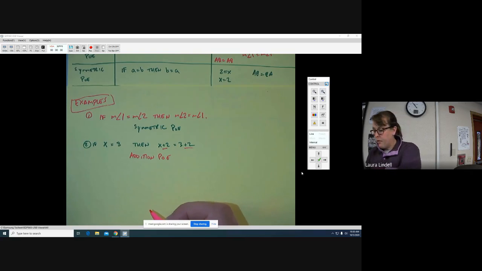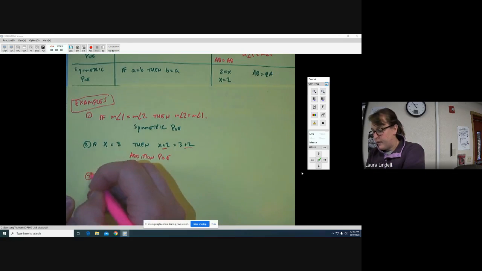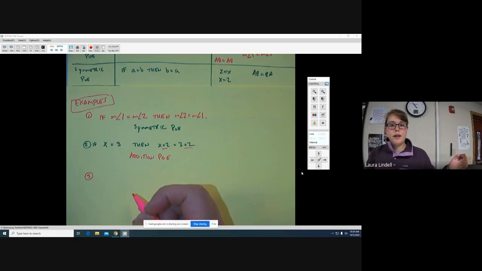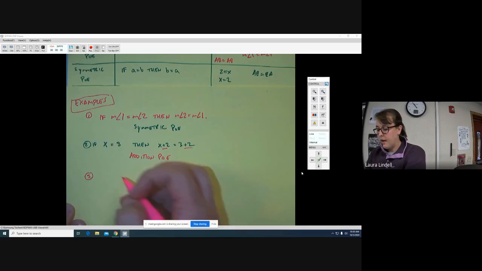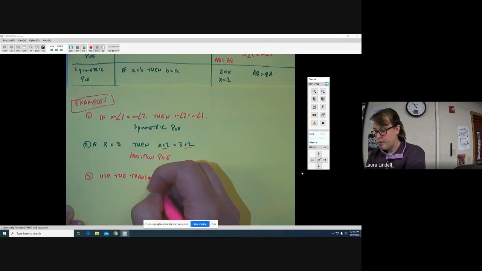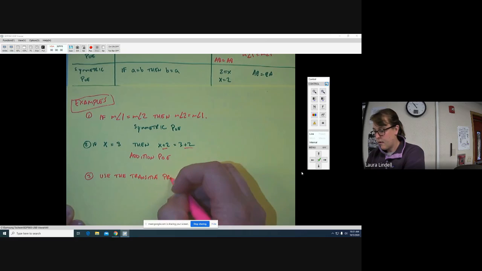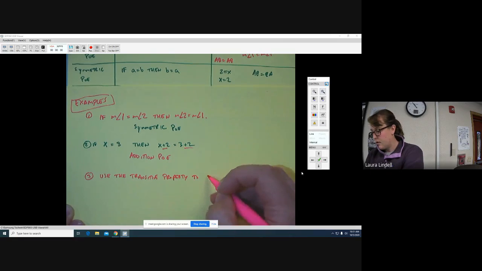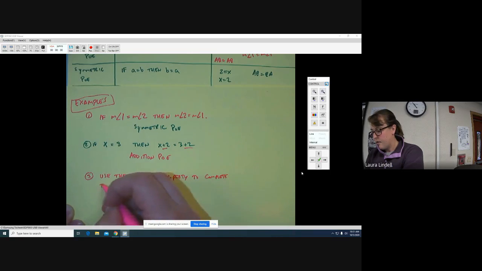Another type of example of a problem that we could see is they'll start a statement and then we have to finish it. So they might say use the transitive property to complete the statement.